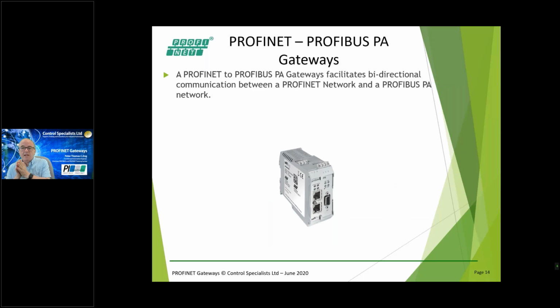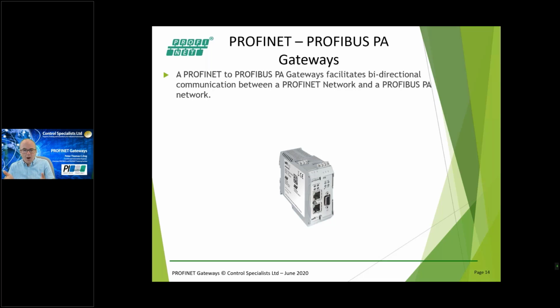PROFINET to Profibus PA. Now this is slightly different because most gateways work on the assumption that the network we are going to connect to has some kind of controlling device. For example, a Profibus DP master, an RS master, a CAN master, etc. With PA, it's slightly different in that we're going to assume that the PA devices will only be controlled by the PROFINET controller.